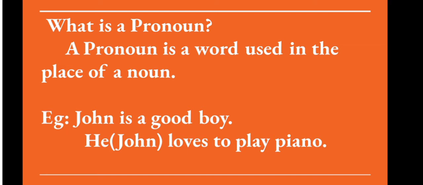So the sentence is: He loves to play piano. John is a good boy. He loves to play piano. So the pronoun he stands for the noun John. Once again, he is the pronoun used in the place of the noun John.